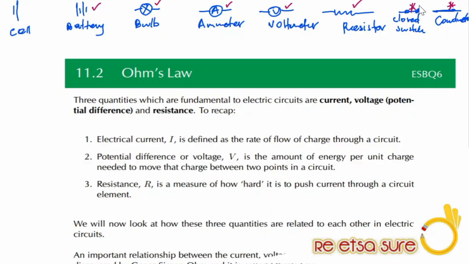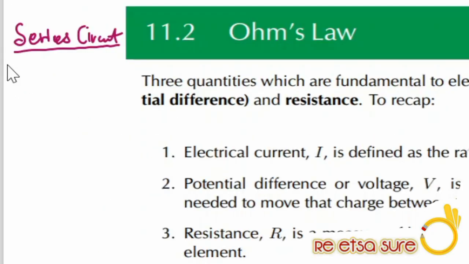Before I continue, let us recap. When we have a series circuit, what are the equations that we use to calculate the total resistance, the total current and the total voltage? In a series circuit, RT is equal to R1 plus R2 plus R3.